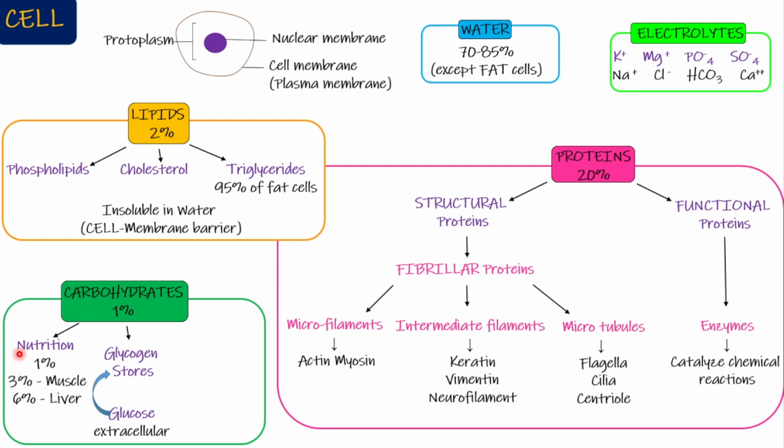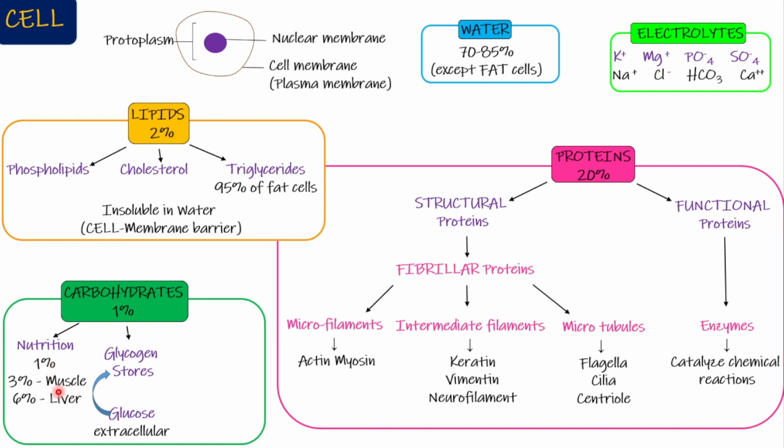Different cells have different quantities of carbohydrates. As I told you, most cells have 1% carbohydrates, but carbohydrates are present at 3% in muscles and 6% in liver. Why do muscles have more carbohydrates compared to other cells?